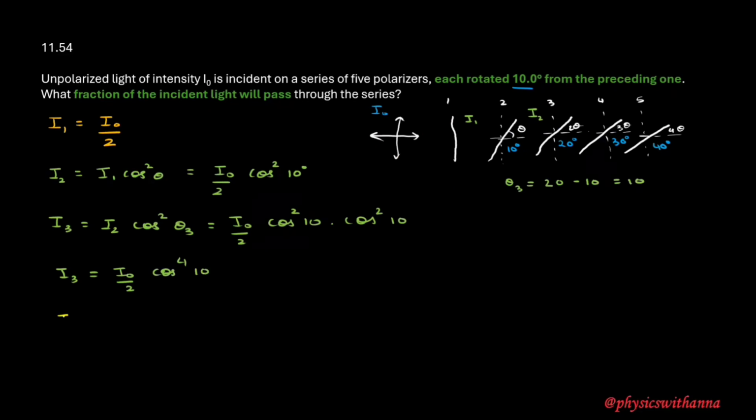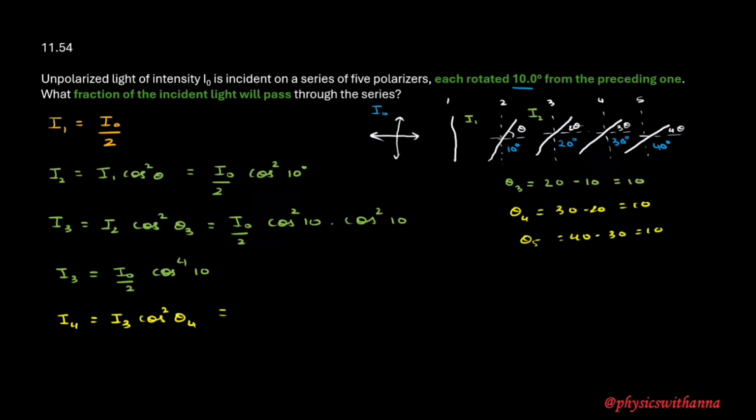Then we find I4. I4 will be I3 cosine squared theta 4, which you again get as 30 minus 20, which is 10. And theta 5 will also be 40 minus 30, which is 10. So when we are finding this, we are basically just multiplying cosine squared theta over and over again to calculate the final intensity.